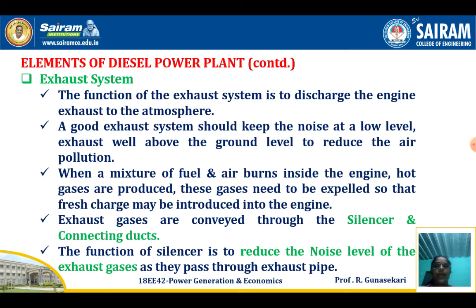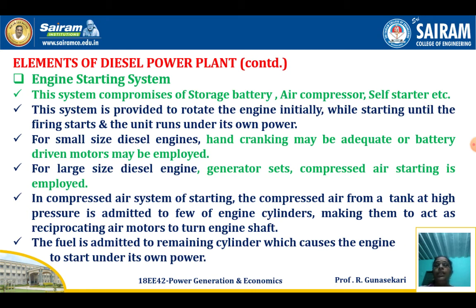These gases need to be expelled so that a fresh charge may be introduced into the engine. Exhaust gases are conveyed through the silencer and connecting ducts. The function of the silencer is to reduce the noise level of the exhaust gases as they pass through the exhaust pipe.